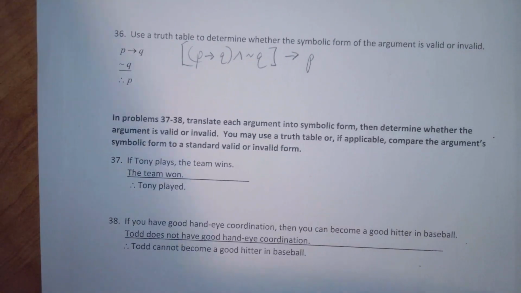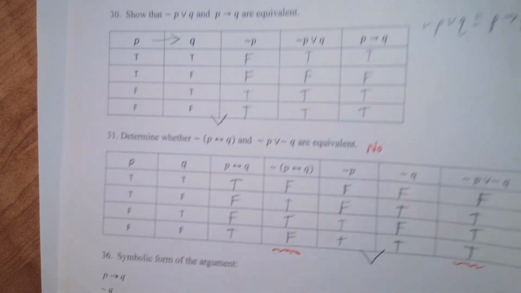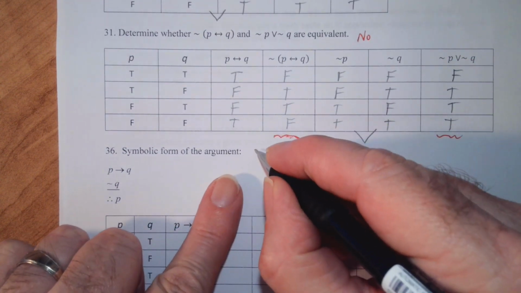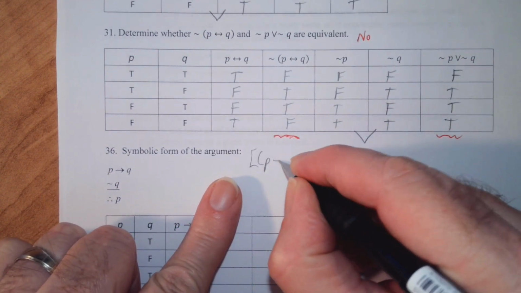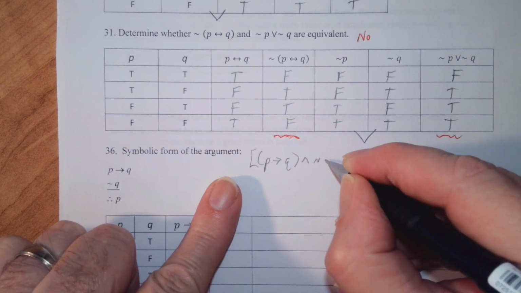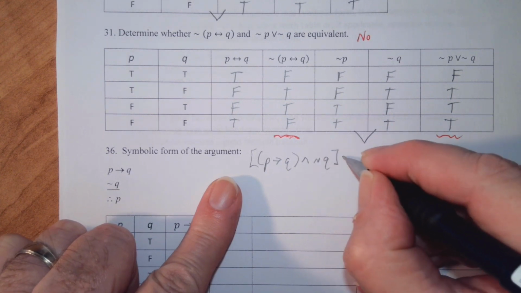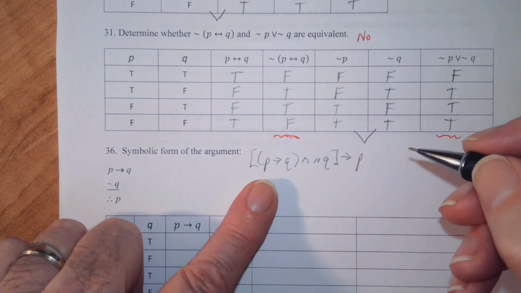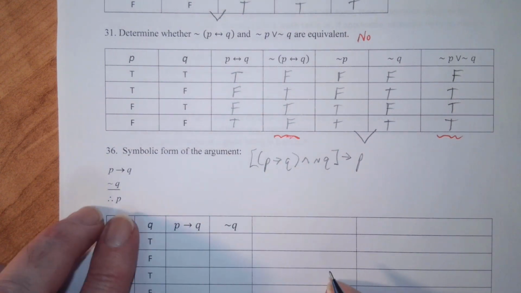So let me see if I can find the right paper here. We said the statement was P implies Q, or if P then Q, and not Q. If that's all true, then we can conclude that we have P. So that's how we translate this.